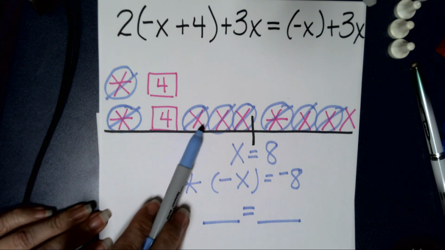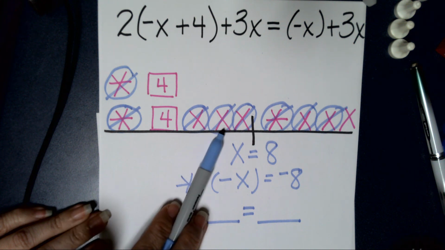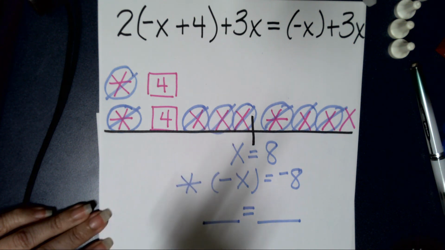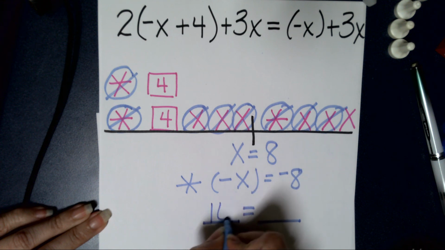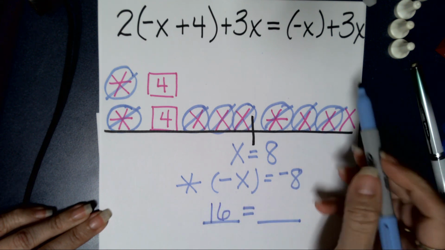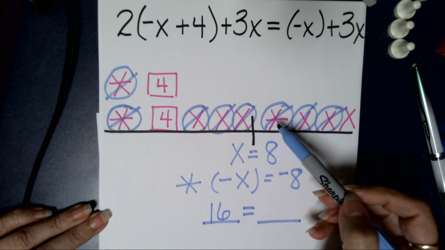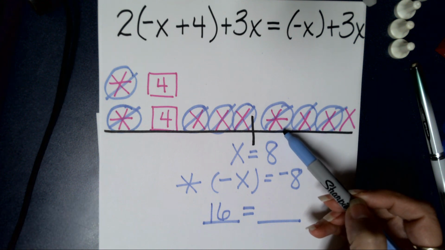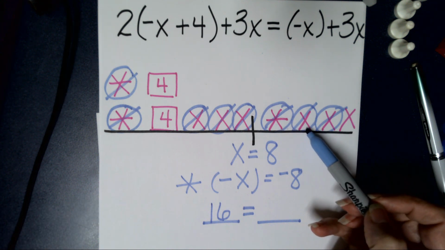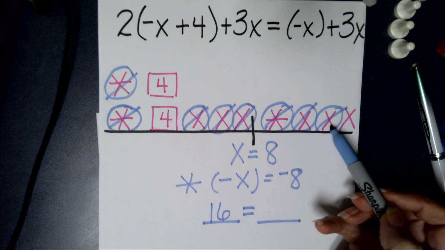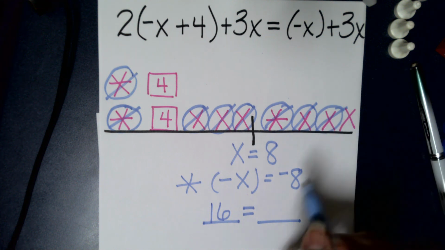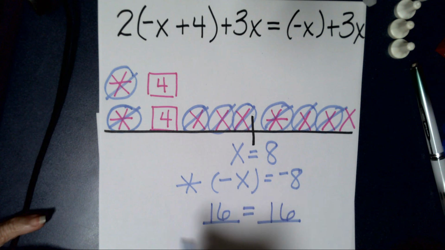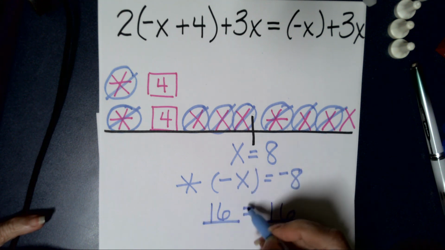Negative 8 plus 8 is 0. 0 plus 8 is 8. And 8 plus 8 is 16. On the right-hand side, we have star, which is negative 8, and negative 8 plus 8 is 0, and 0 plus 8 is 8, and 8 plus 8 is 16. So 16 equals 16. That is a check.